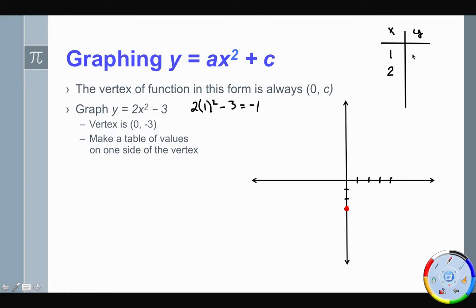So that tells me I have a y value of -1. And likewise, I'm going to plug in 2 for my x value. And I get 2 squared, which is 4, times 2, which is 8, minus 3, which is 5. So I'm going to have to go up to a 5 here. And I'm also going to have to go negative.